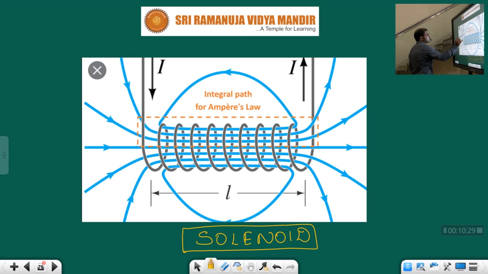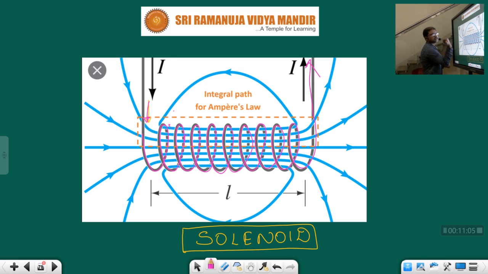Inside the solenoid, see children, this is the direction of current. Okay children, so it continues up to here. This is the direction of current, like this the current is moving. And observe the magnetic field lines, children. These are magnetic field lines, in blue color.